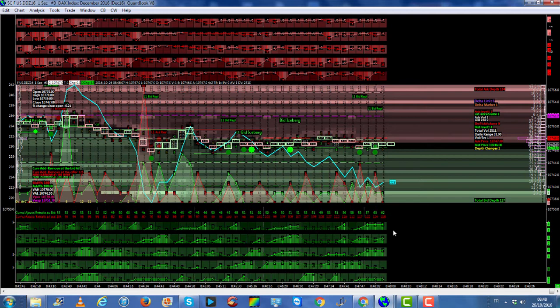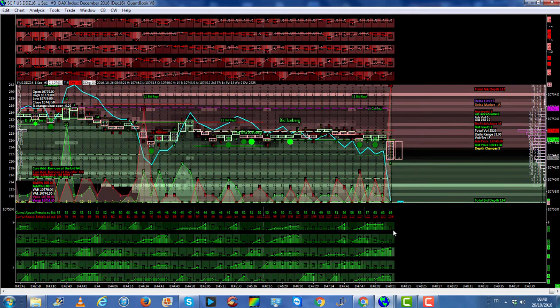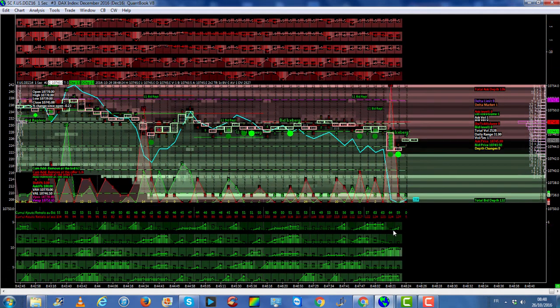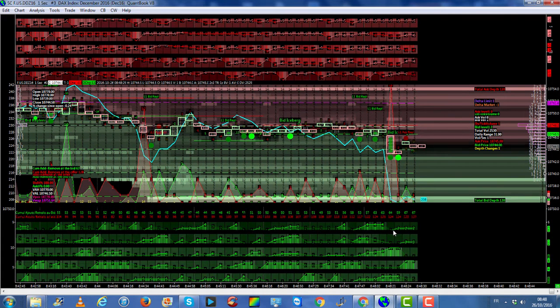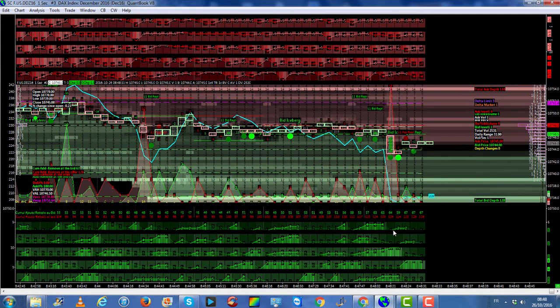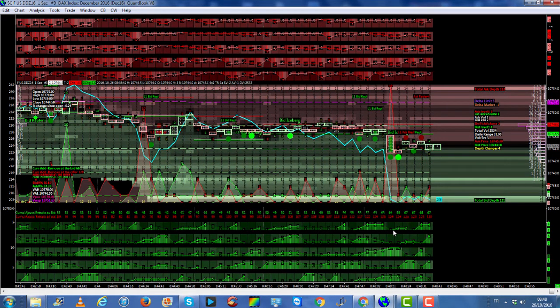It's very important because when you have some orders which are added or removed, the depth structure is changing, and this depth structure is changing depending on the volume which hit the bid or lift the offer.